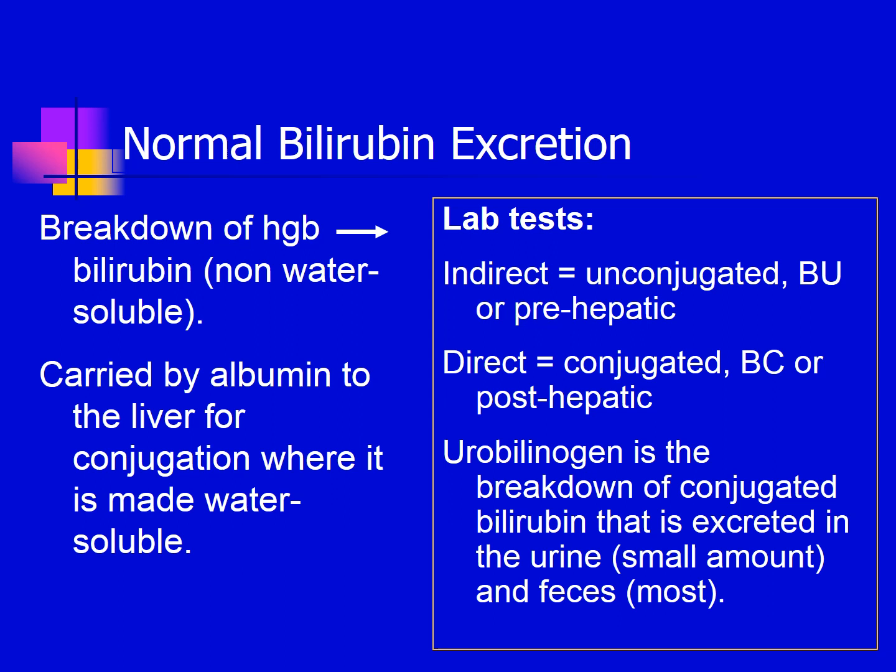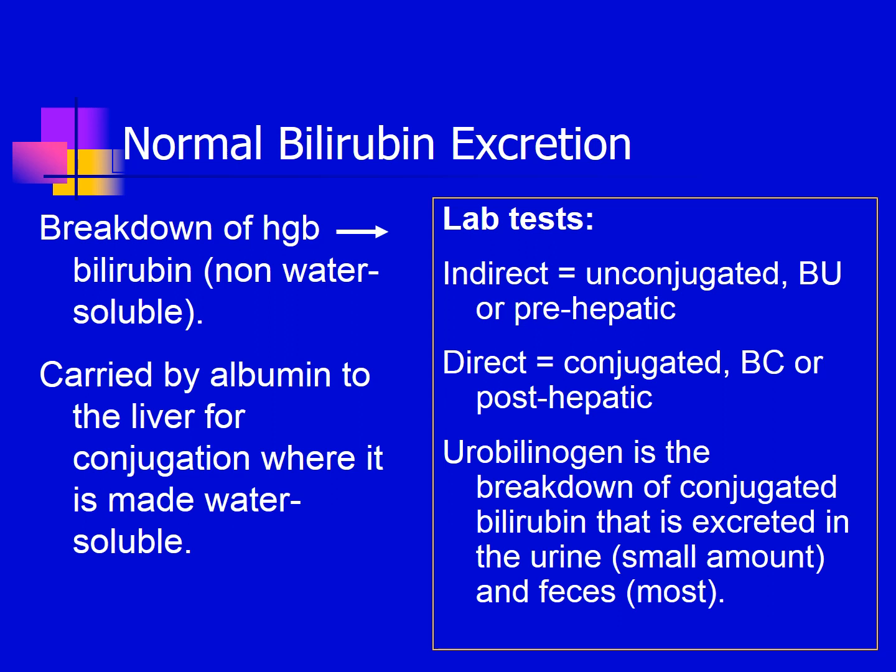There are tests we can do to assess for that: indirect bilirubin and direct bilirubin. Urobilinogen is the breakdown of conjugated bilirubin that is excreted in the urine, and in small amounts in the feces. So this is what normally happens.